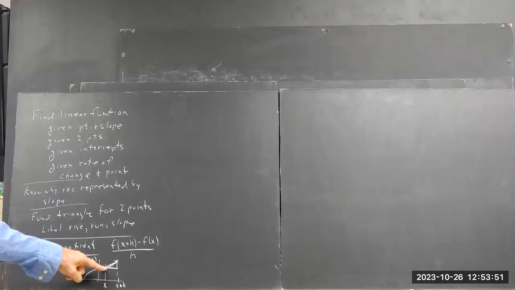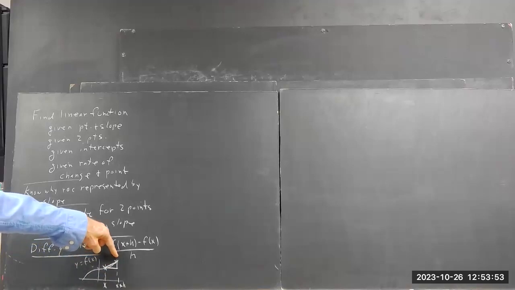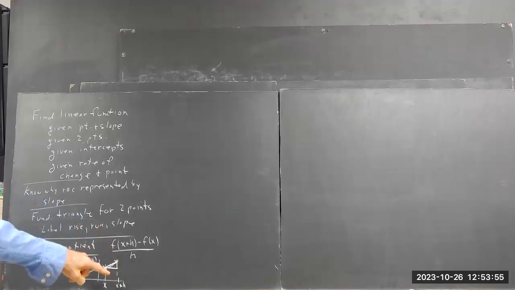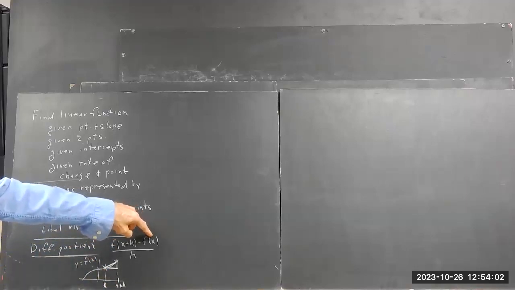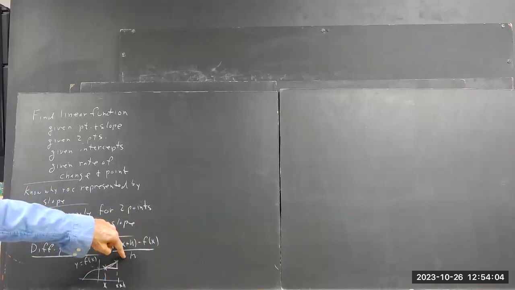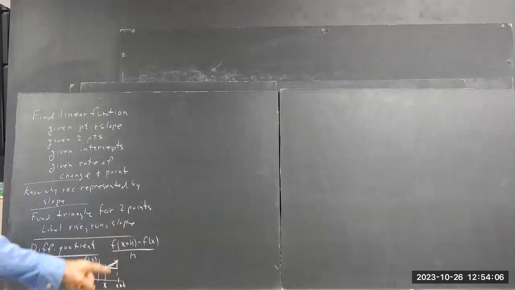Here's the x point on your graph. Here's the x plus h point on your graph. Here's your fundamental triangle. The run is h. The rise is f of x plus h minus f of x. This is rise, this is run, so this is slope. So the slope of this thing is the difference quotient.